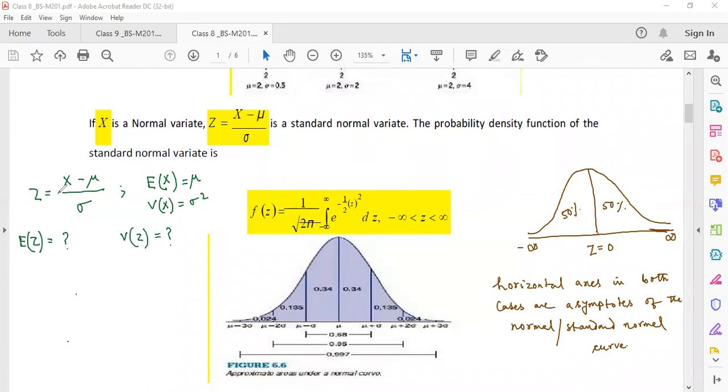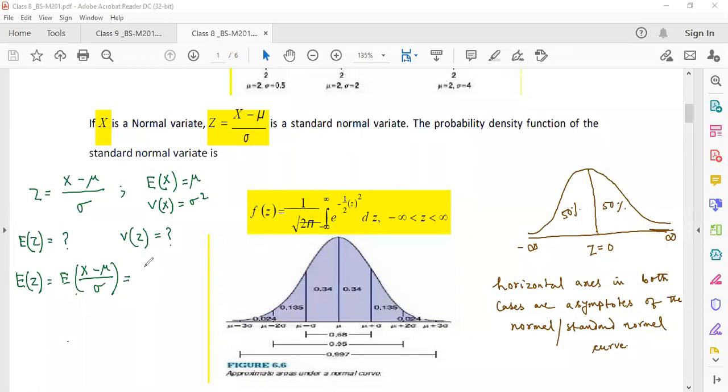So we are going to calculate this E(z) and V(z) from the given expression. Now, your E(z) is actually expectation of (X minus mu) by sigma.